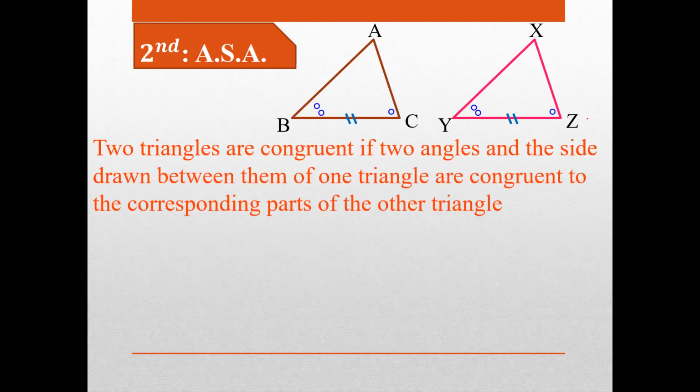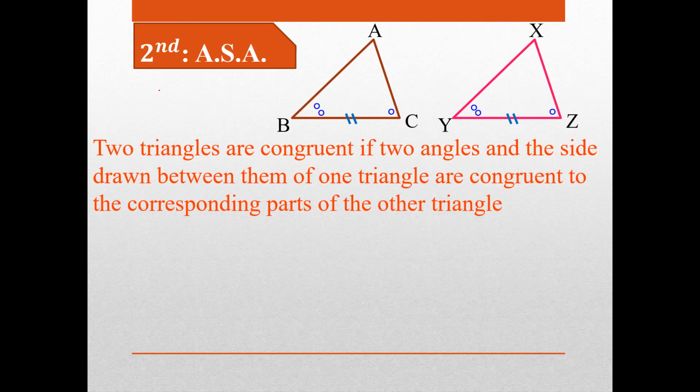The second case: the two triangles are congruent if two angles and the side drawn between them of one triangle are congruent to the corresponding parts of the other triangle.